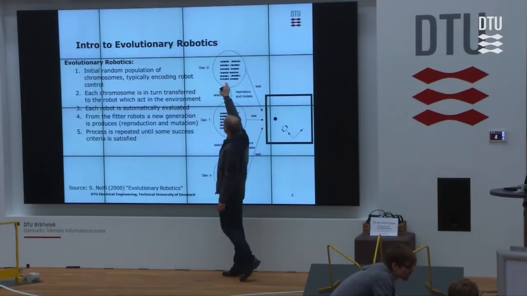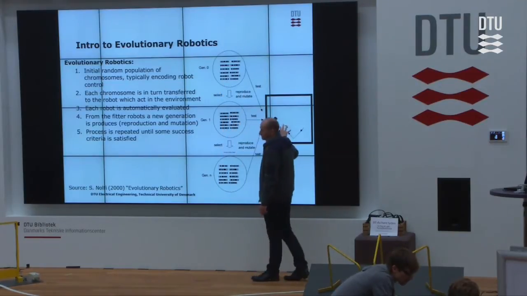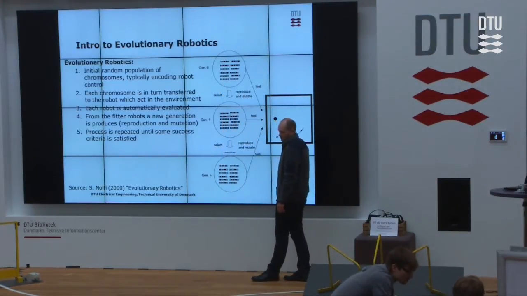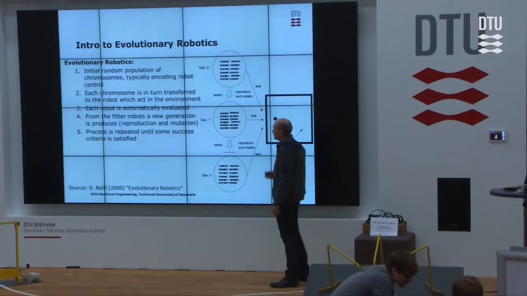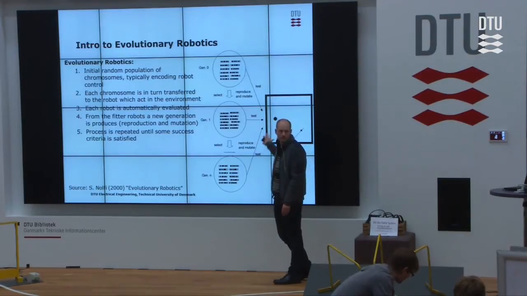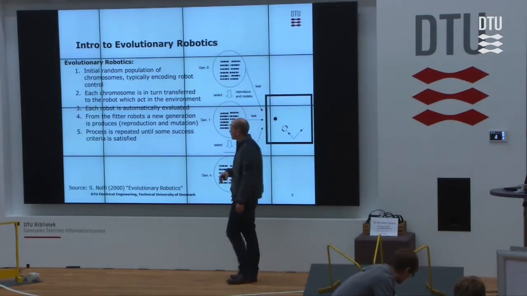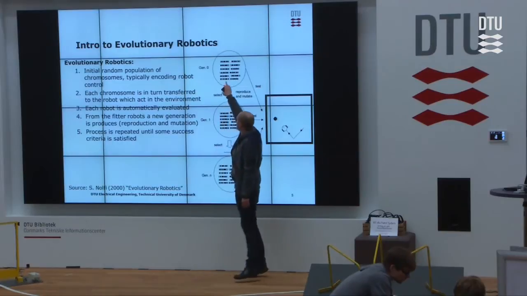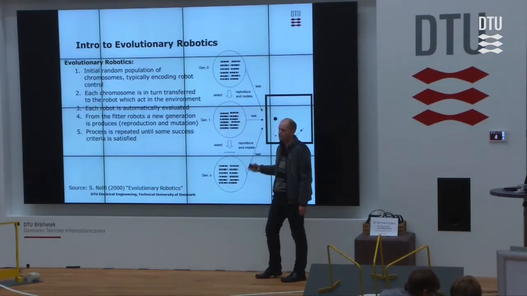Then you take each of these and transfer it to the physical robot and let it evaluate for a period of time, and then you measure some sort of fitness based on this controller. So in this environment, it should move around without hitting the walls. If it hits the walls, it gets a negative reward. If it doesn't hit the walls, it gets a positive reward. So you take these controllers, put them in the robot, and do that periodically.